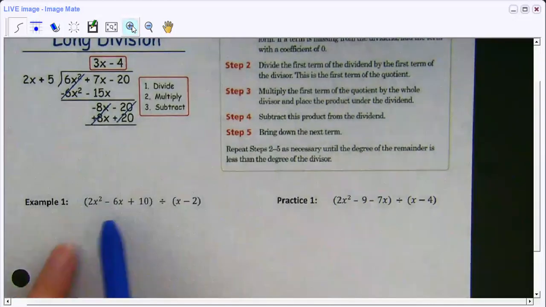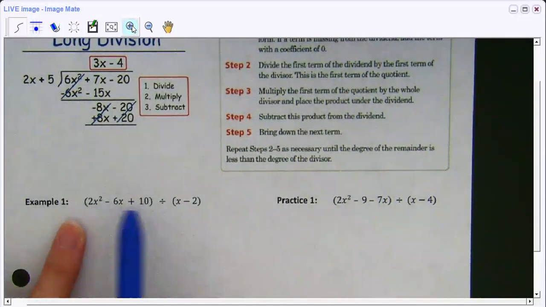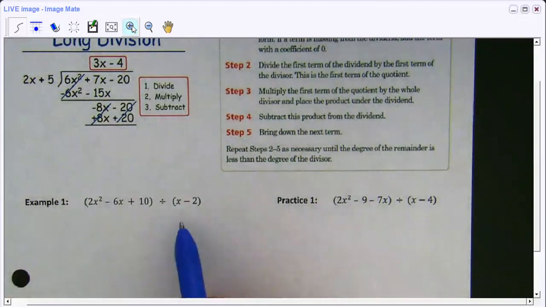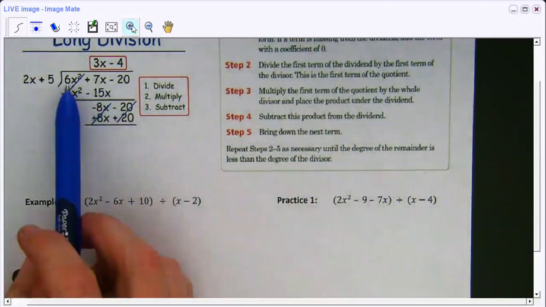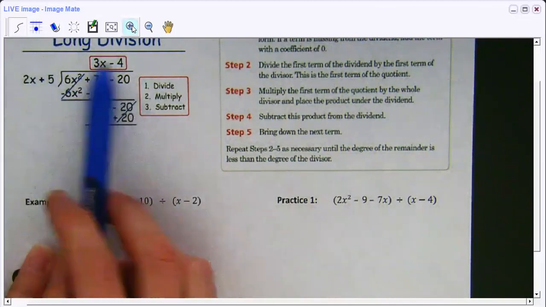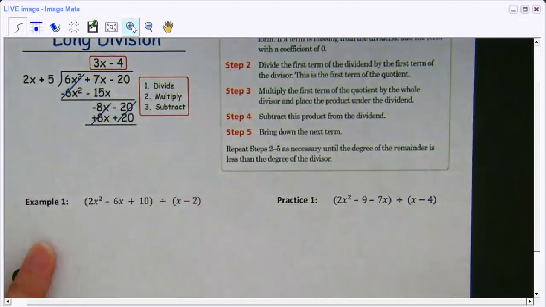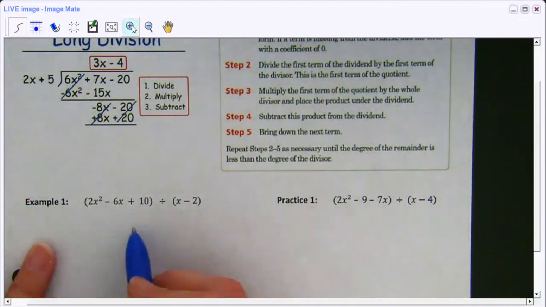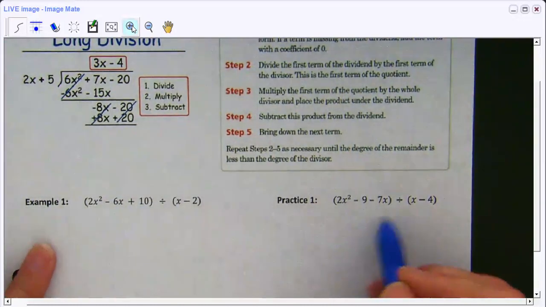In this case, we already have it here. Now, when you set up this long division, you're going to have to set it up like you do here. I am going to show you the first one, and then you guys will practice the second one.